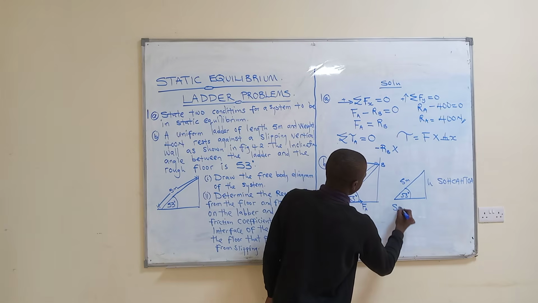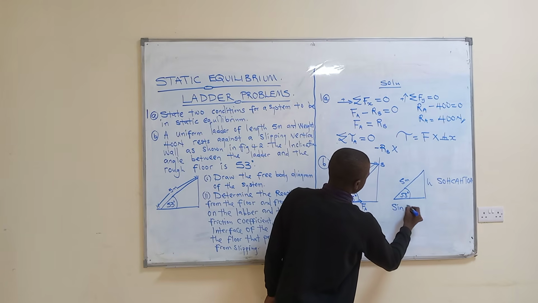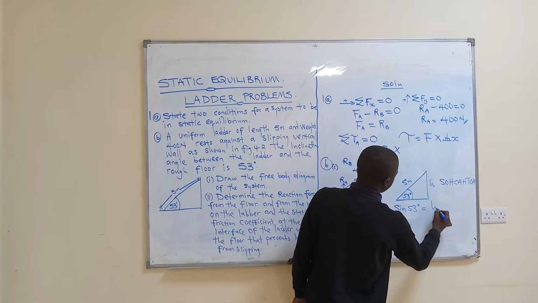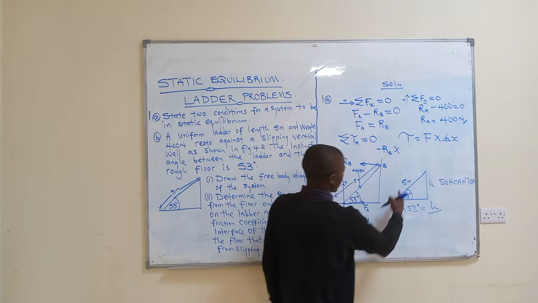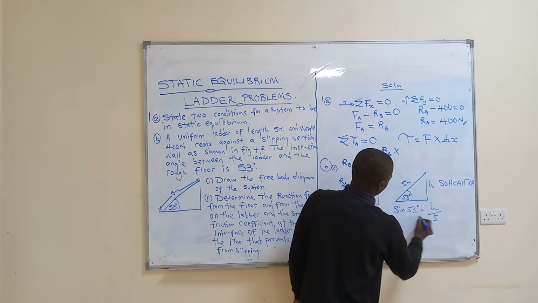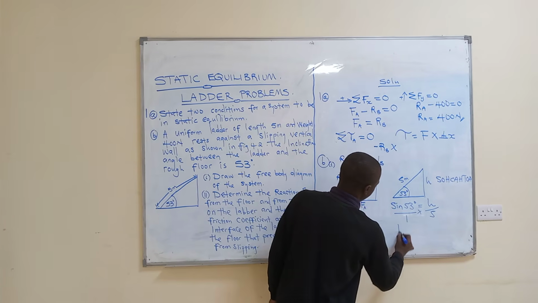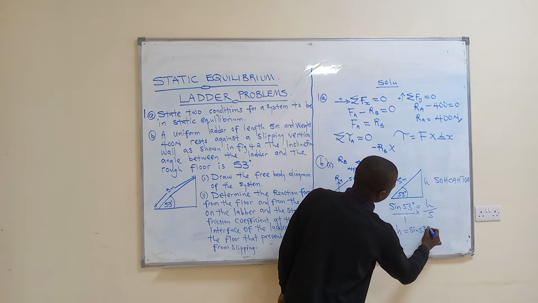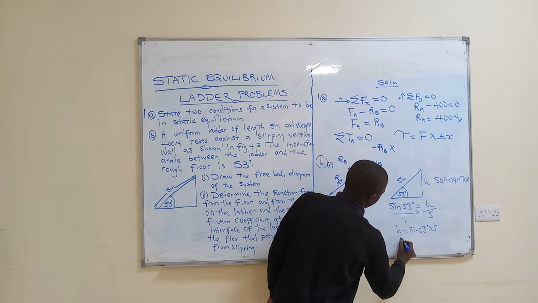So sine of my theta, 53 degrees, is equal to opposite, that is height, the perpendicular distance, over hypotenuse, that is 5, over 1. Cross multiplication: that is sine 53 degrees times 5.